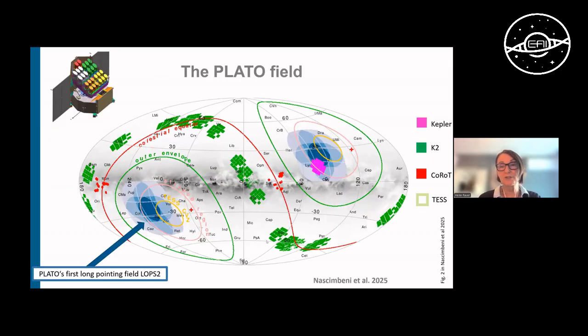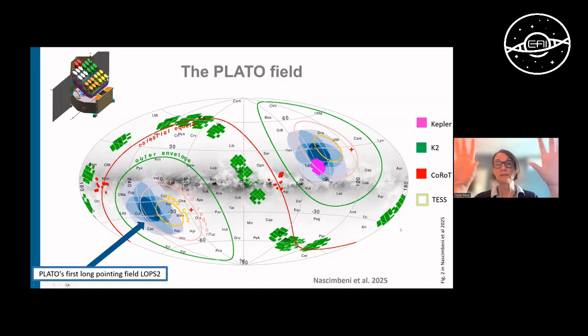This sketch shows the galactic plane, or the sky in galactic coordinates. We see the galactic plane here in the center. And it's to illustrate the size of the PLATO field. The magenta field here in the northern hemisphere is the Kepler field, and you see the blue PLATO field in comparison. It is much larger than the Kepler field.